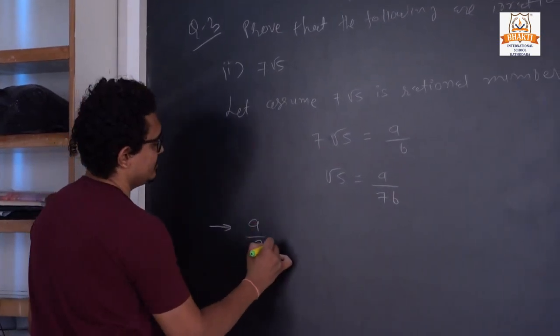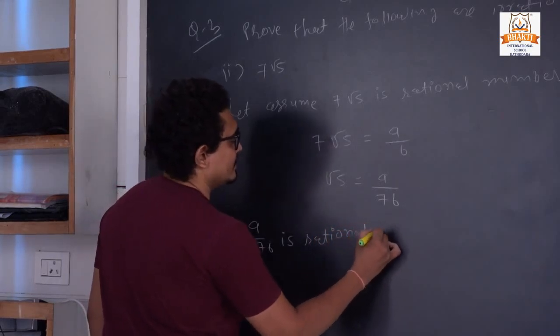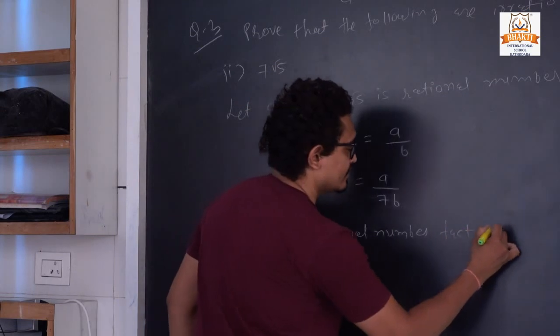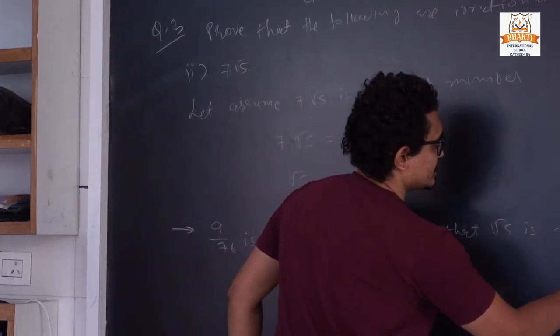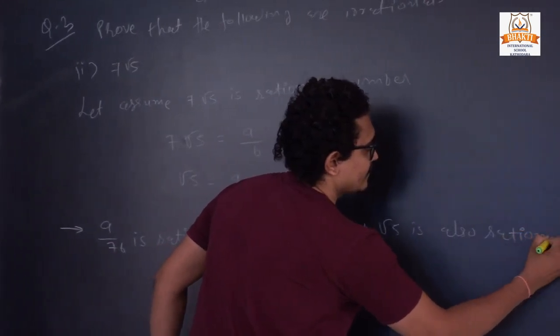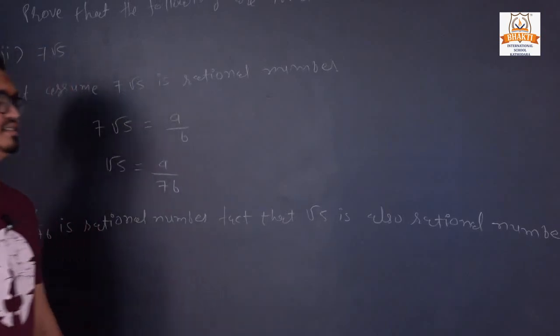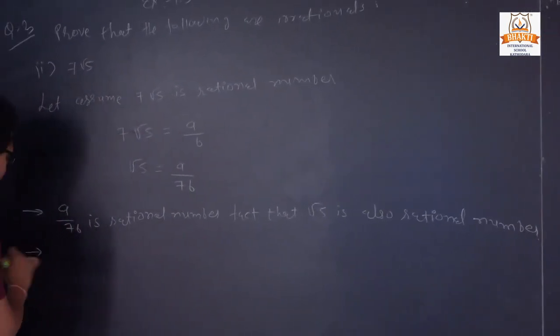So here we can write A upon 7B is a rational number. So it means root 5 is also a rational number, but we know that root 5 is not a rational number. So this has arisen because of what?